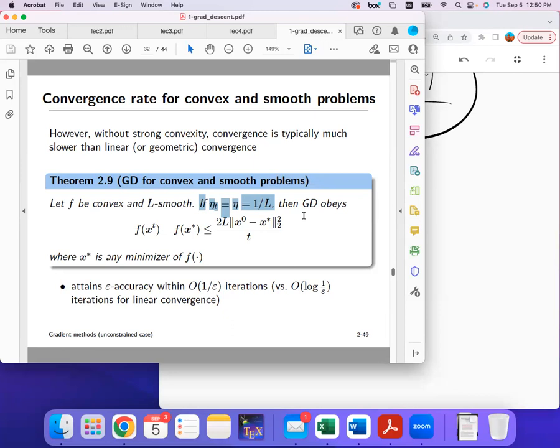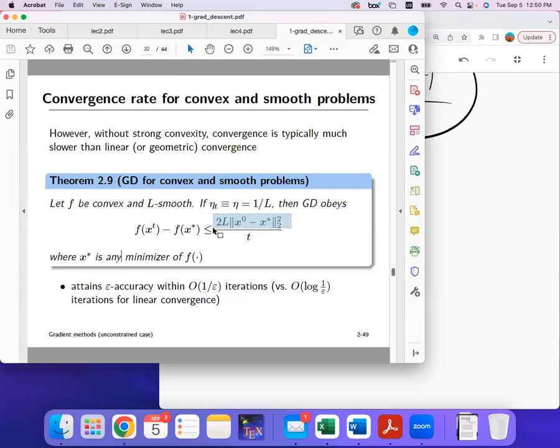The function value at x_t, at time t, minus the optimal function value, where x star is the minimizer, is bounded by such a term. The right-hand side is 2L times the initial distance to the power of 2, divided by t.